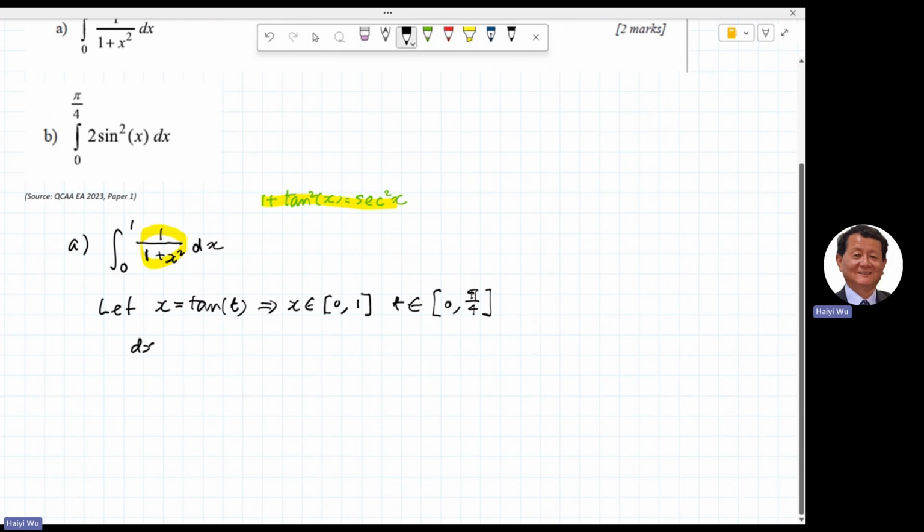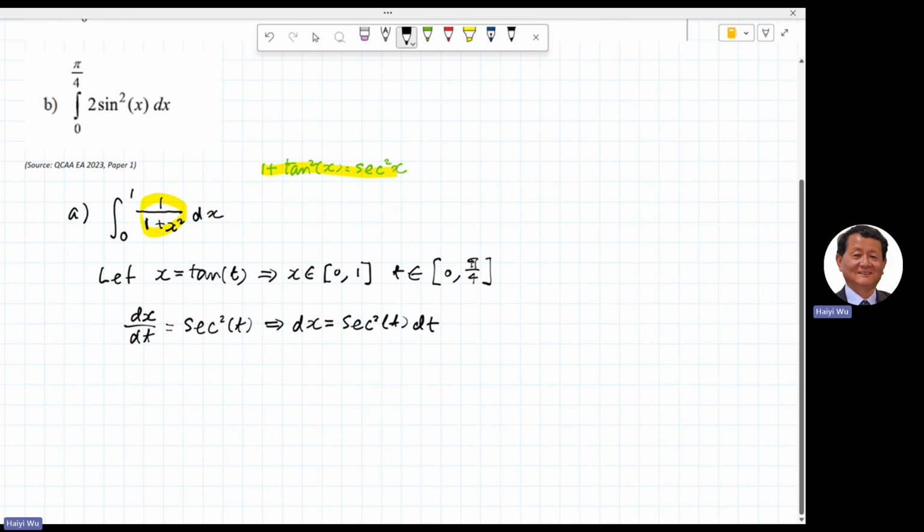Then I'm going to take dx/dt, which is the derivative of tan, secant squared t. So according to the derivative of tan, dx will be secant squared t times dt.